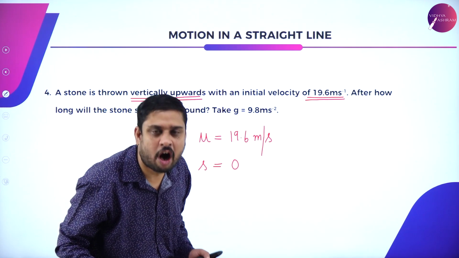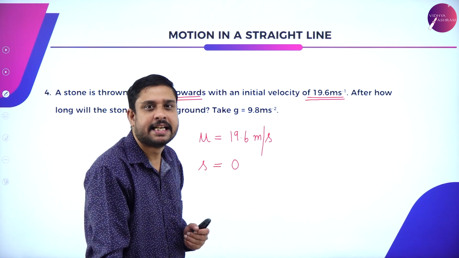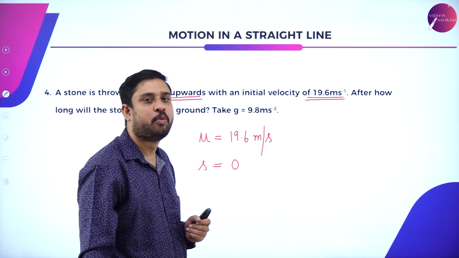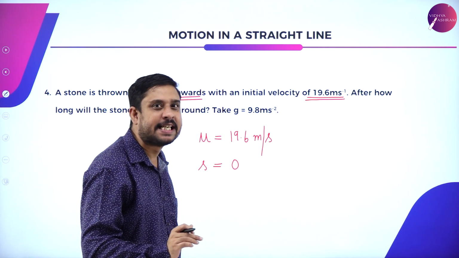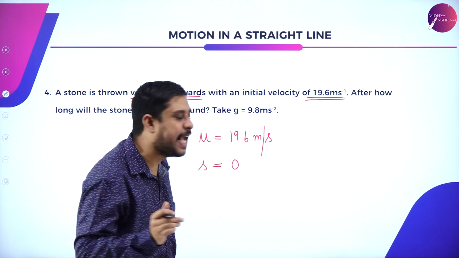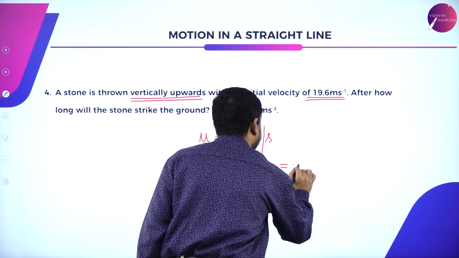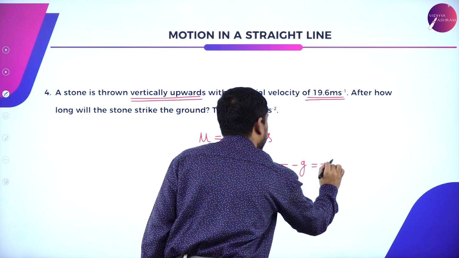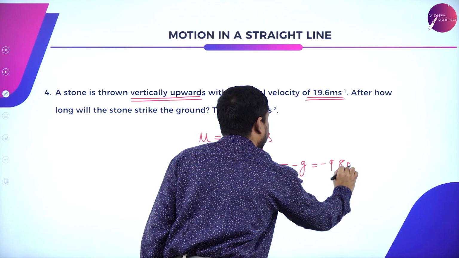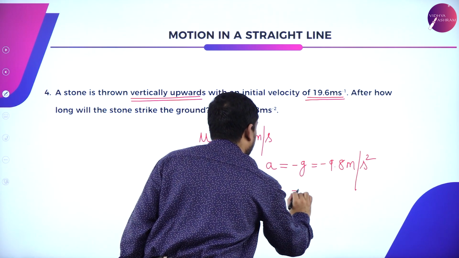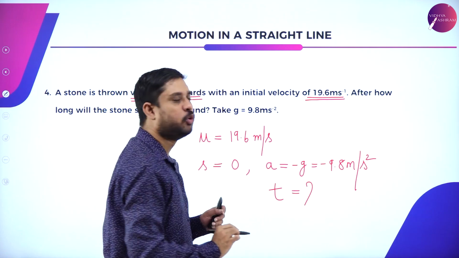Displacement is 0 because it is reaching back the same initial position. And since the action is against gravity, I say a is minus g, which is minus 9.8 meter per second square, from which I have to calculate t.